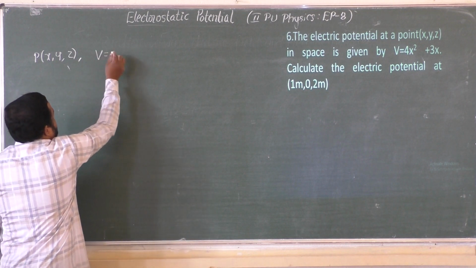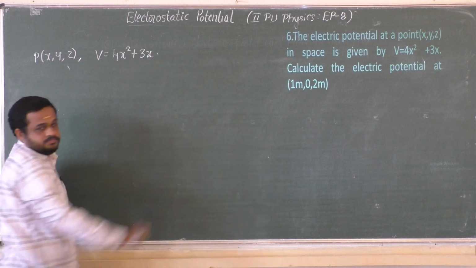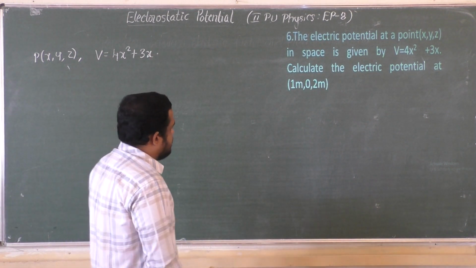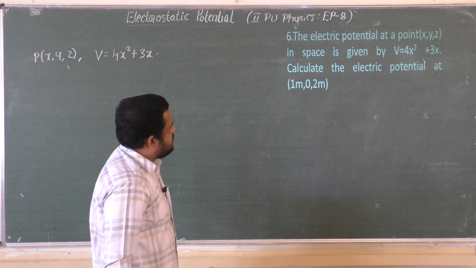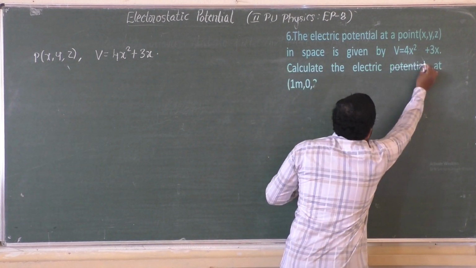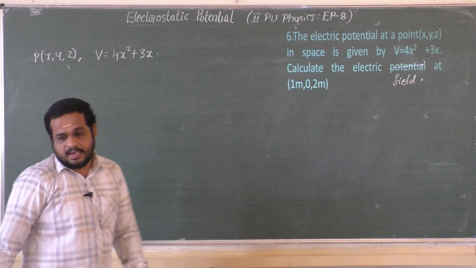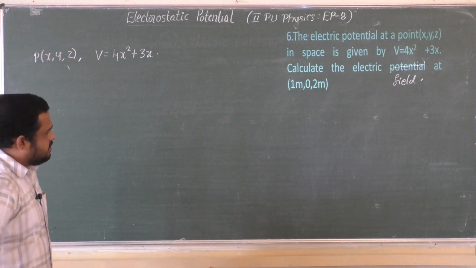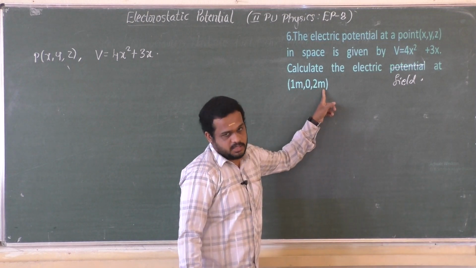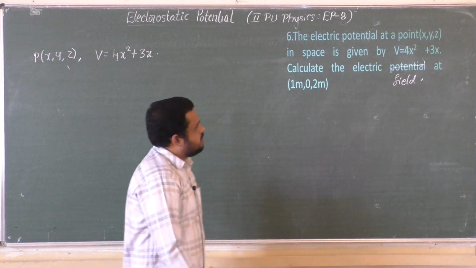Potential is given by V is equal to 4x square plus 3x. Calculate the electric, it is not electric potential, okay, it is electric field. Calculate the electric field at 1 meter, 0 meter, 2 meter. X, Y, Z values 1, 0 and 2. Calculate the electric field.